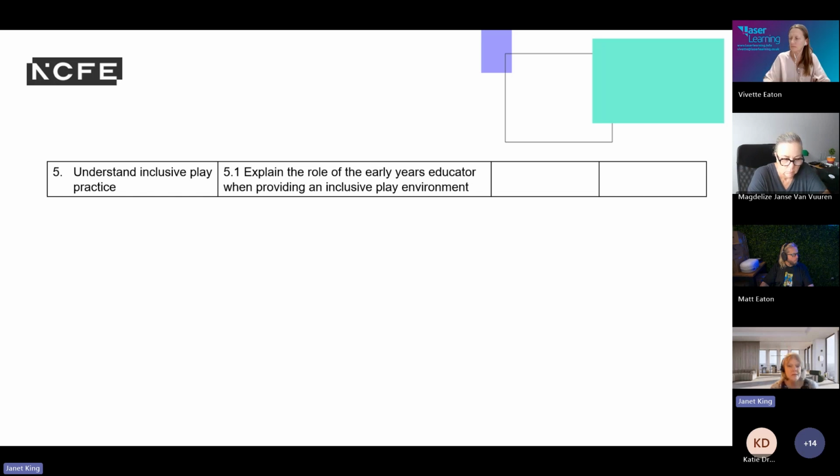So explaining the role of the early years educator when providing an inclusive play environment. Now, we've talked about inclusivity before, and we've talked about that as a sense that you feel an inclusive play environment. How do we enable that? How do we enable all children to contribute and to participate? This goes for staff as well.